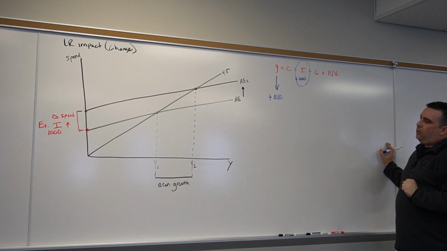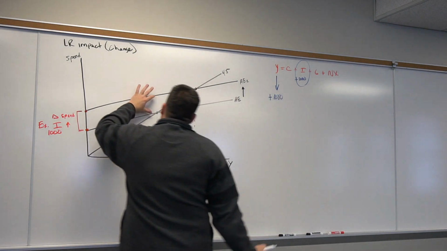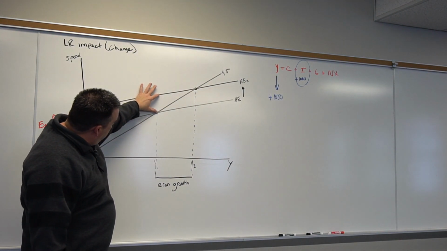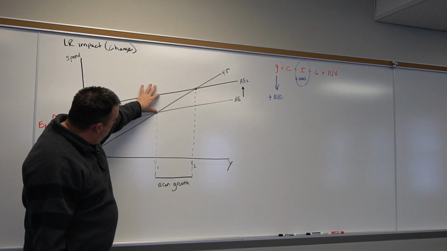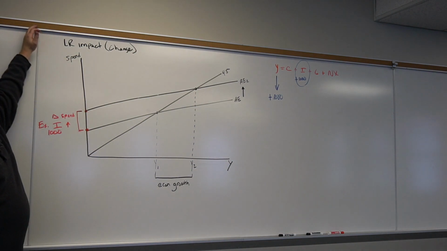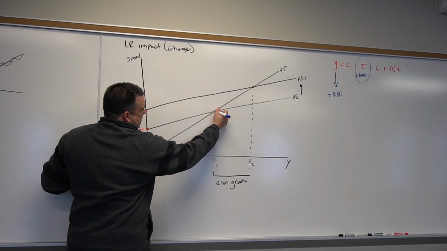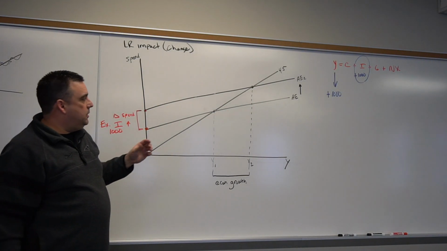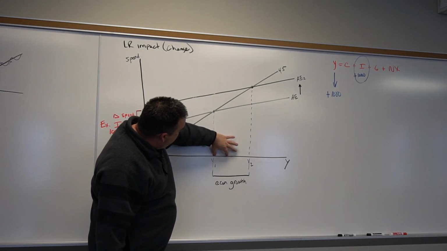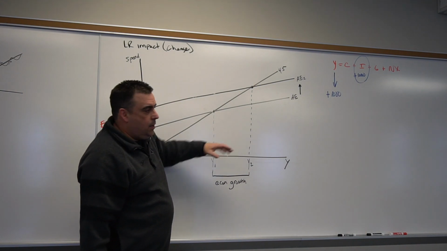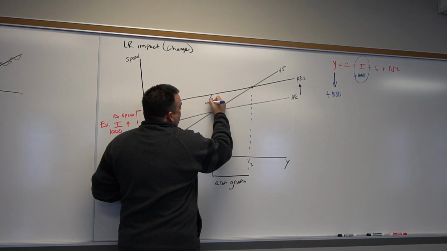If we look at my graph now and think about this in terms of distance, if at any point on the graph, so right here at y1, this distance represents 1,000, then because each axis is measured effectively in dollars, if I said that y1, whatever number this is, has the same value over here because it's measured in dollars, if this distance is 1,000, that tells me that this distance out is 1,000.